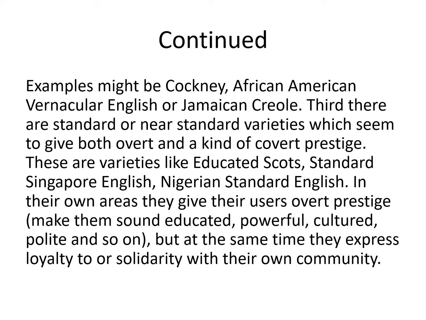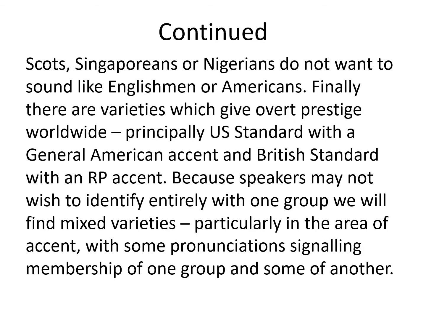They show their loyalty or integrity with their own community, their own nation, or their own land or country. Scots, Singaporeans, or Nigerians do not want to sound like an Englishman or American.